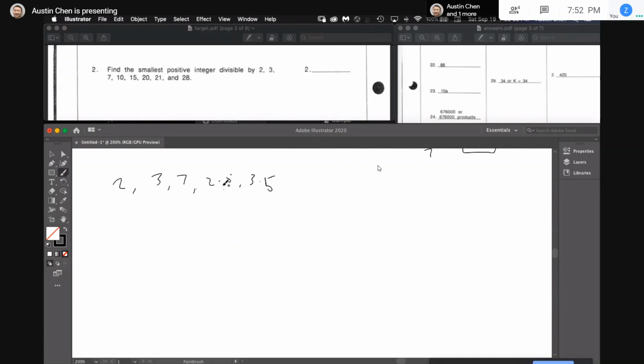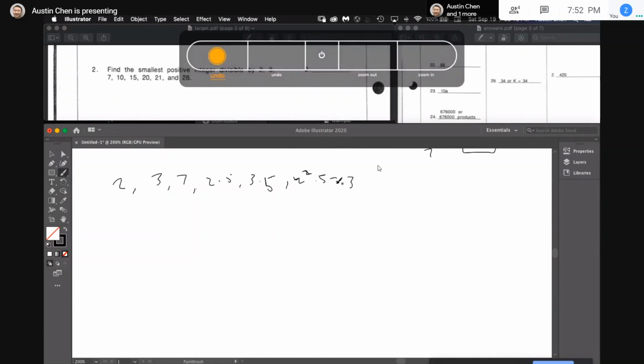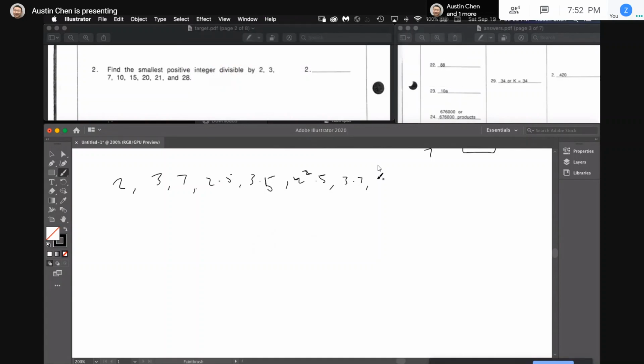So we're going to get 2 times 5 for 10, 3 times 5 for 15, 2 squared times 5 for 20, 3 times 7 for 21, and then 2 squared times 7 for 28.